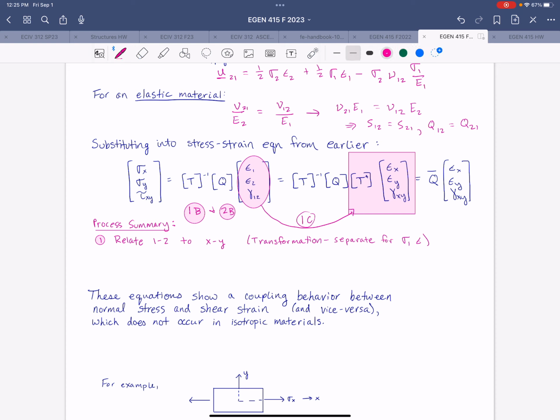Then the second phase relates the normal stresses, I guess technically normal and shear stresses, to the strains in the material 1, 2 directions.